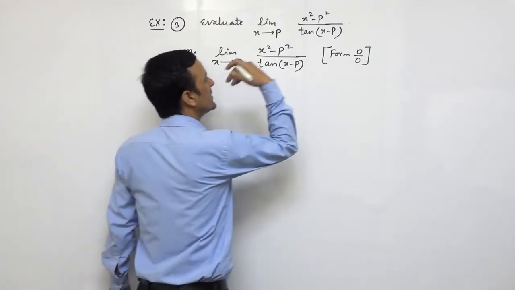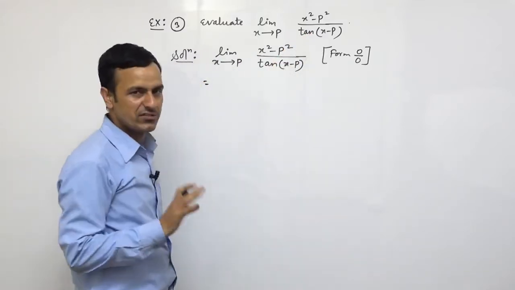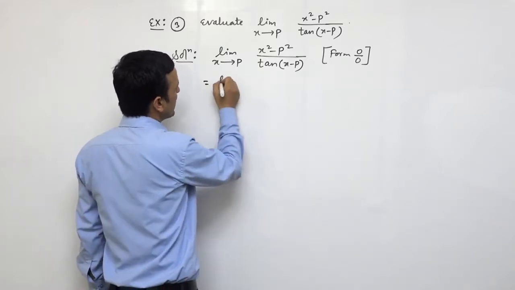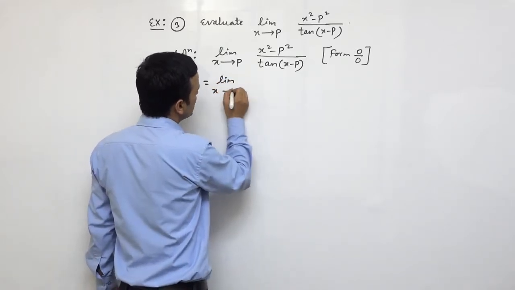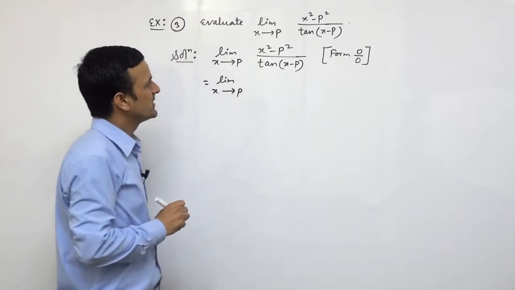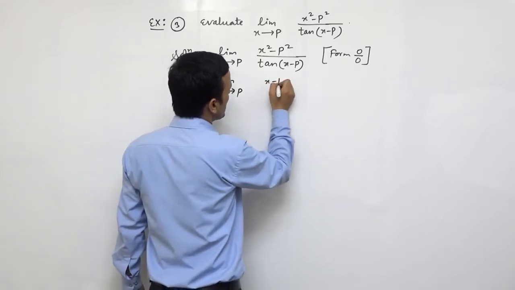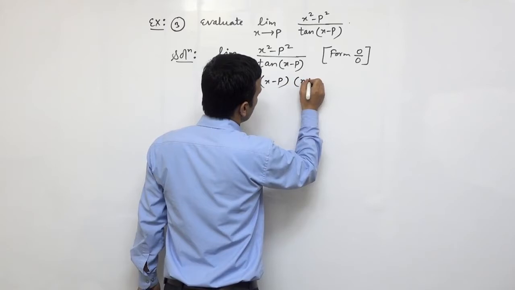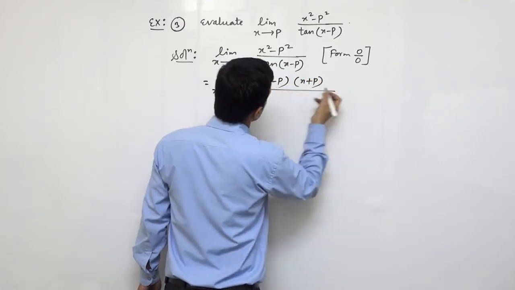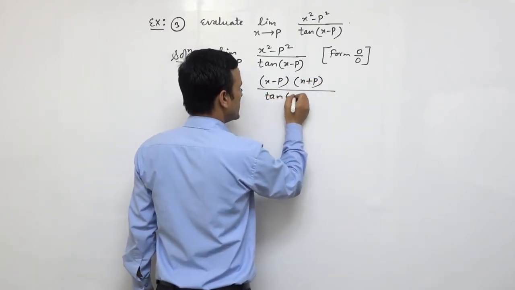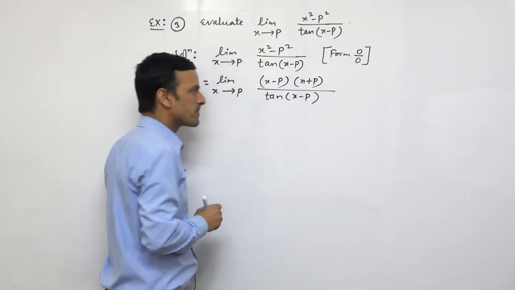So don't substitute directly in this question. We can arrange this term according to the property: x square minus p square is x minus p times x plus p, and the denominator is the same.